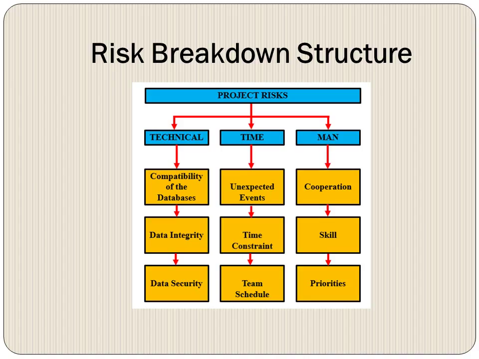When it comes to time, we have considered unexpected events that may happen during the creation of the project, and also the time constraints, because everyone gets busy and should have the time dedicated to the creation of the project, and also the team schedule. The man pertains to the cooperation of each one, the skills, and each one's priorities. So here is our risk breakdown structure.